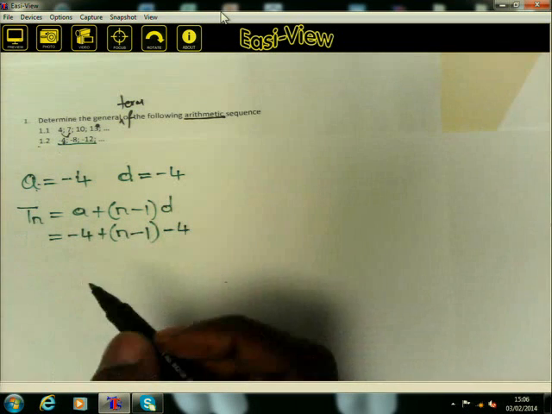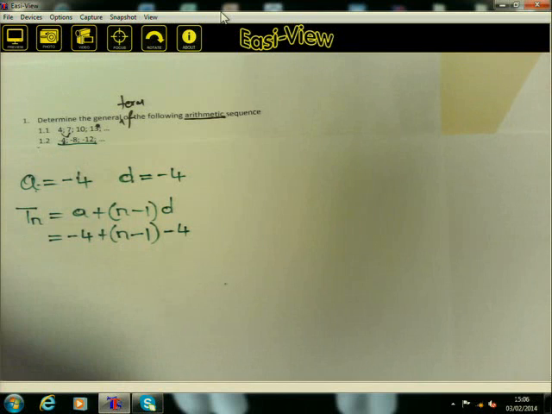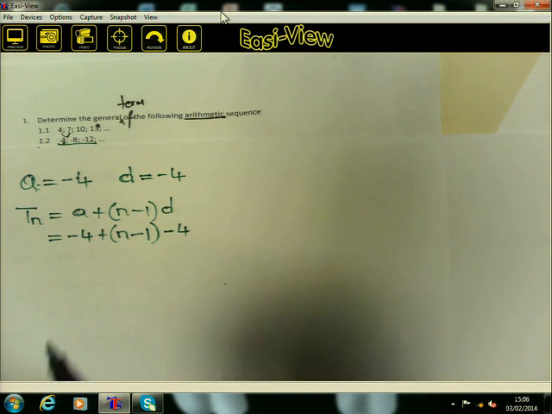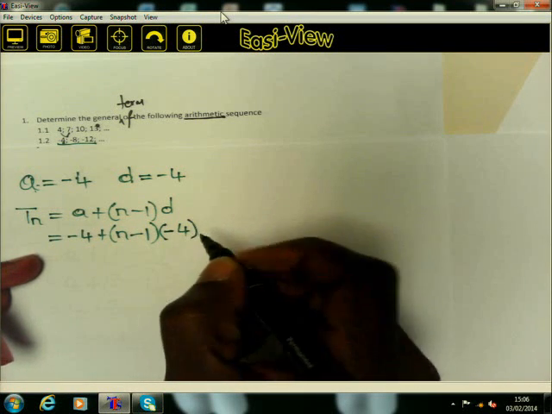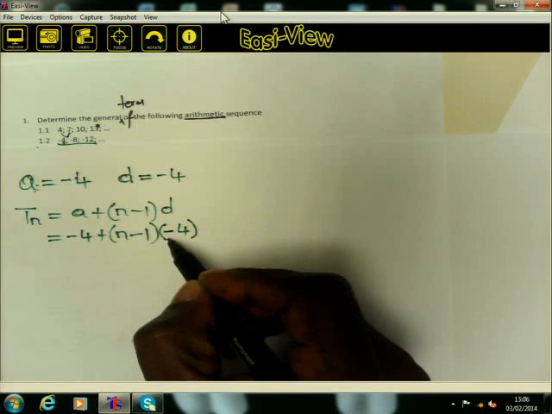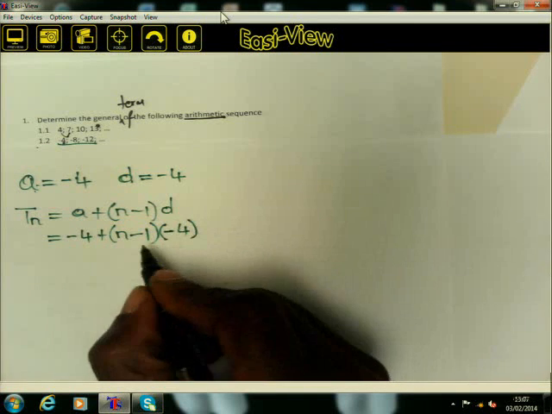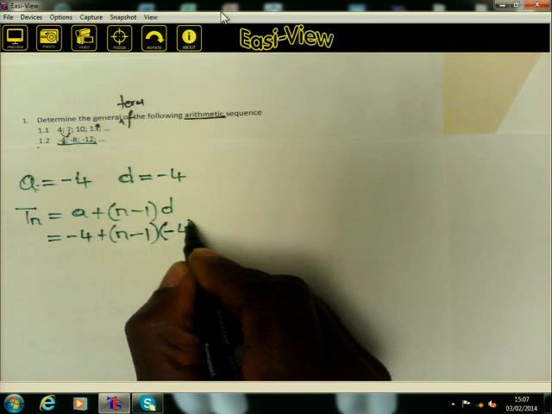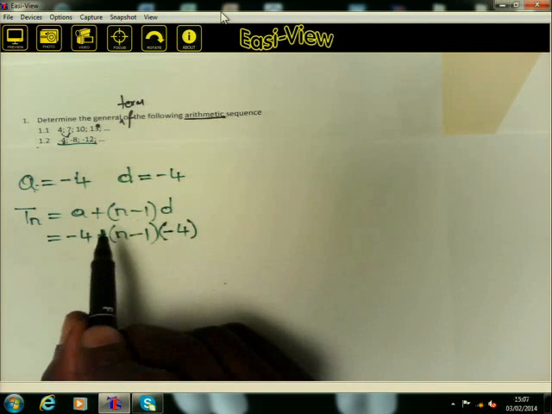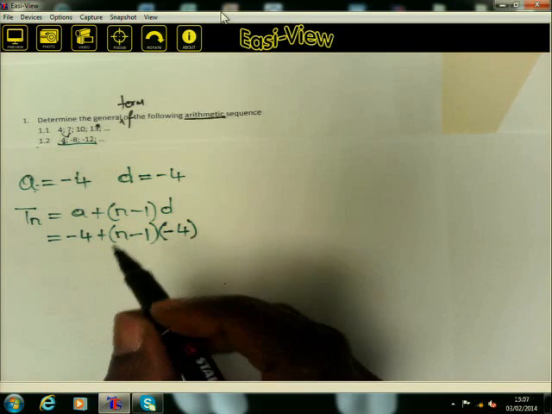I stress this point with the way we multiply: because we are multiplying here by the difference, put another bracket there. Leaving that bracket can get you confused. You'll end up subtracting there. But if the bracket is there, it's safe for you. You'll know that you continue with the multiplication.